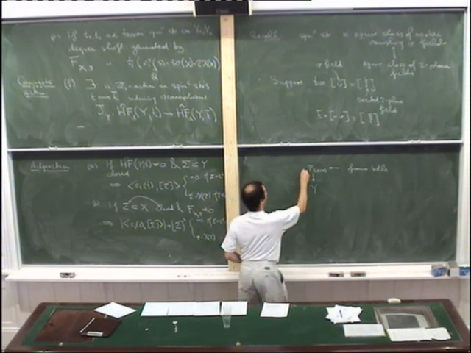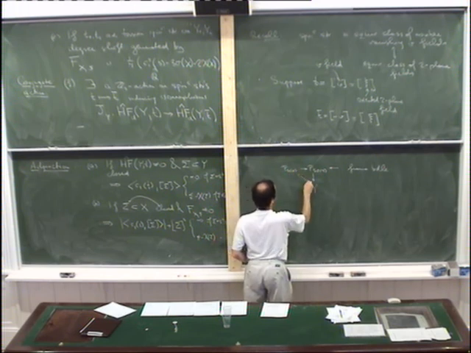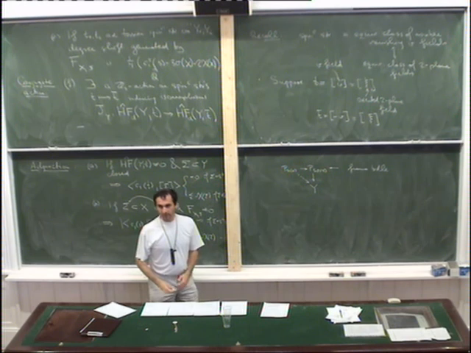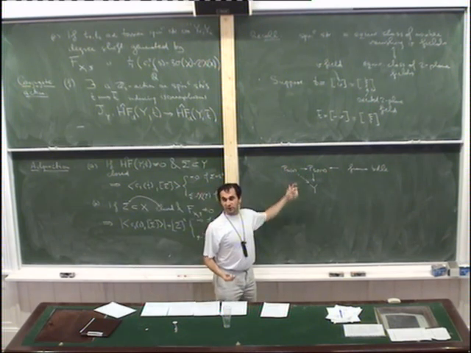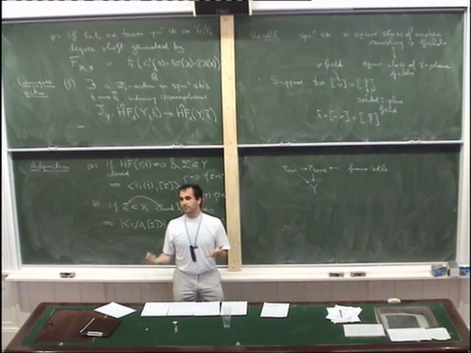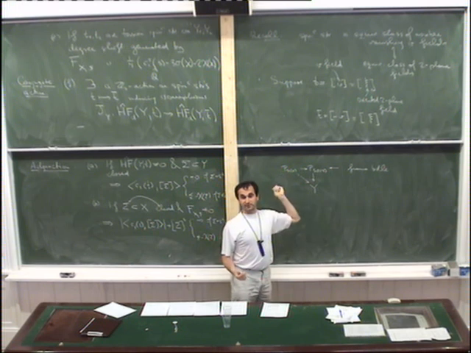And the question is whether we can lift it to a PU2 bundle. Whenever we can make such a lift, we have a spin C structure, and the different lifts correspond to different spin C structures.